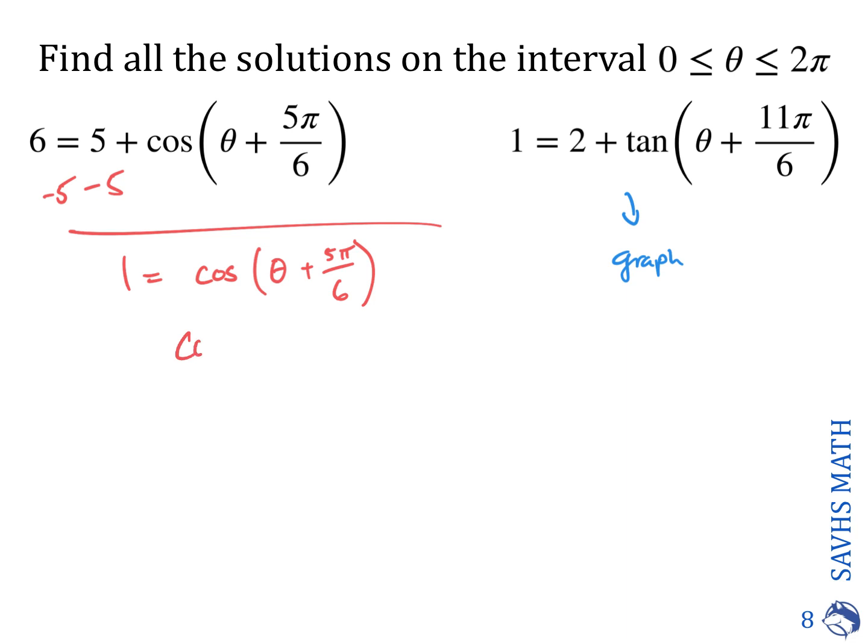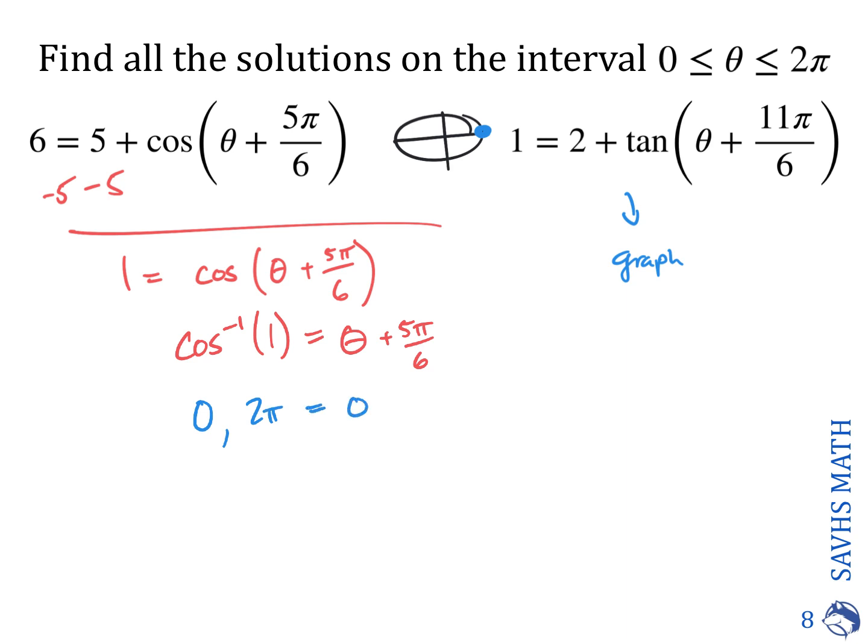So cosine inverse of 1 is equal to theta plus 5 pi over 6. And the only place I can think of on the unit circle is the place where the x value is 1, and that's on the right side there. We usually call that 0 or 2 pi, so I'm going to use both of those solutions. So 0 or 2 pi equals theta plus 5 pi over 6.